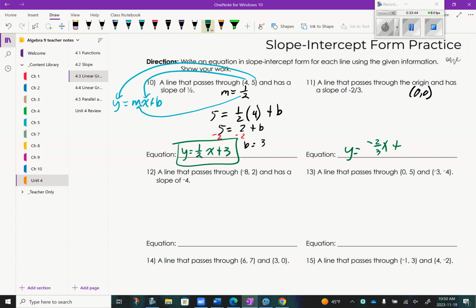Well, in this case, the origin (0, 0) is our y-intercept. The value for b is 0, because that's the number when x equals 0. So we'll get y is equal to negative 2/3 x plus 0. Oh, wait, hold on. If we're adding 0, we really don't write it that way.